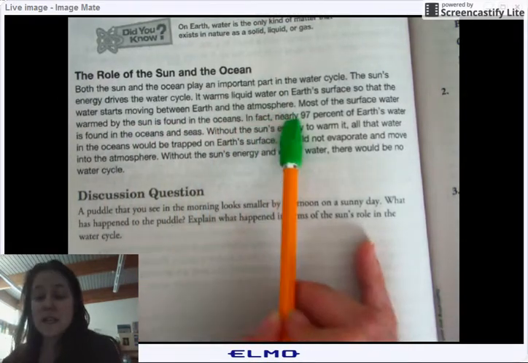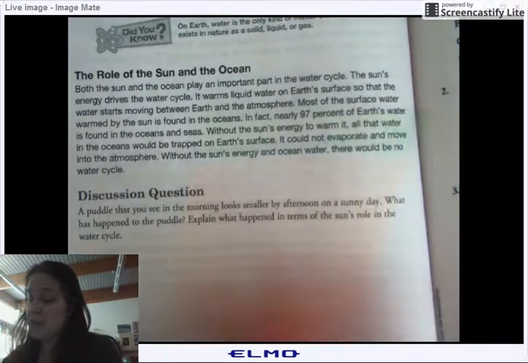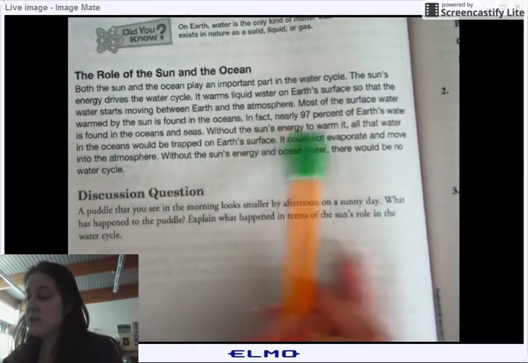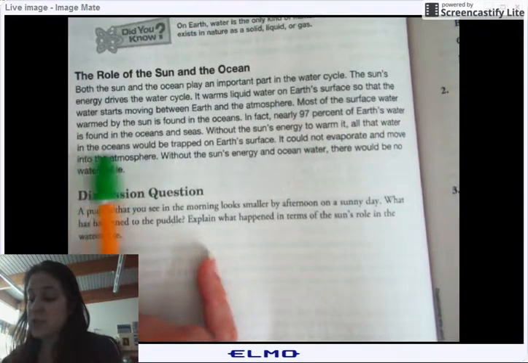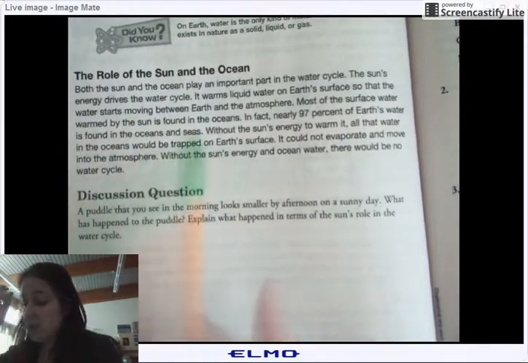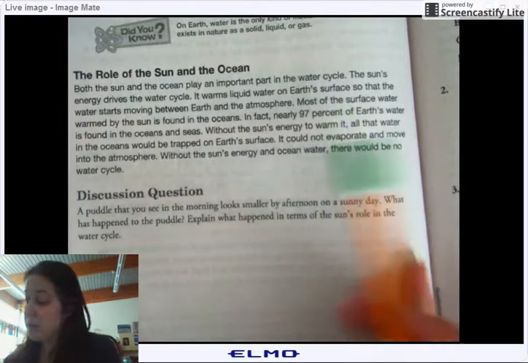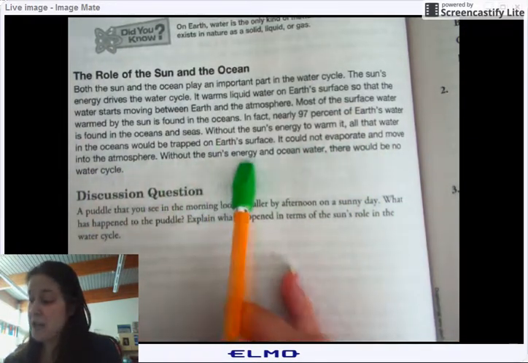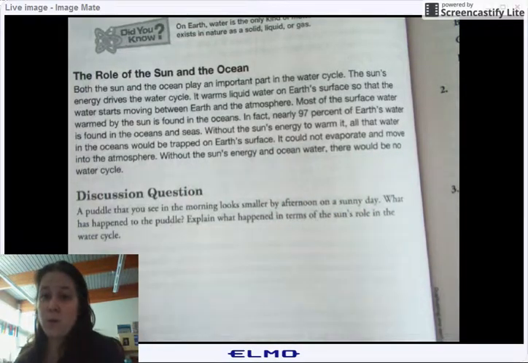In fact, nearly 97% of the Earth's water is found in the oceans and seas. Without the sun's energy to warm it, all of the water in the oceans would be trapped on Earth's surface. It could not evaporate and move into the atmosphere. Without the sun's energy and ocean water, there would be no water cycle.